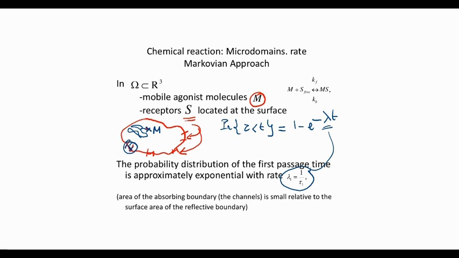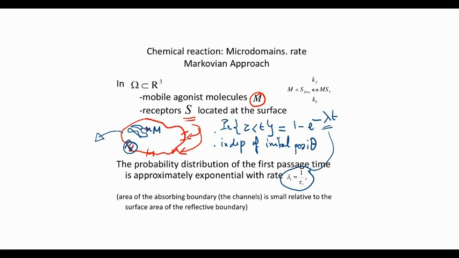And as we have seen, this does not depend really on the position of the particle M, but is really independent of the initial position, which will allow us to coarse grain the geometry here.